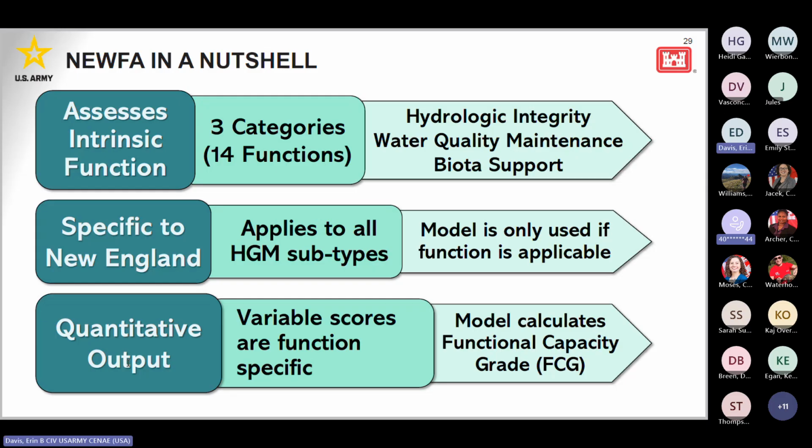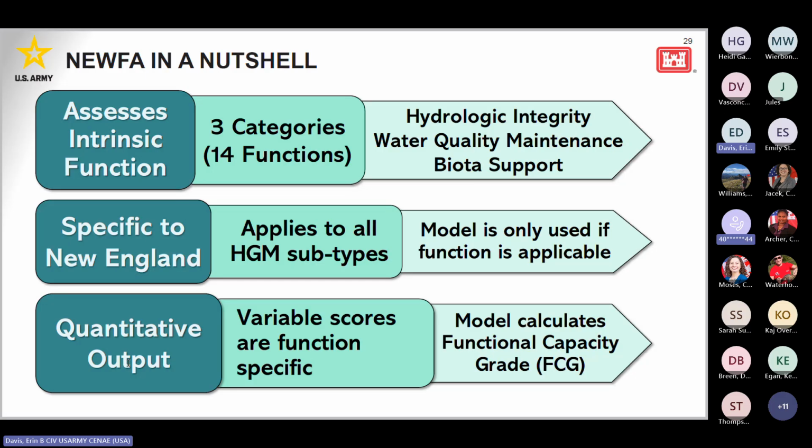And NEWFA accounts for unique geomorphologic characteristics and climate of New England. So again, it's consistent across all 6 New England states. And ultimately, NEWFA calculates functional capacity grades, FCGs, for each individual function.